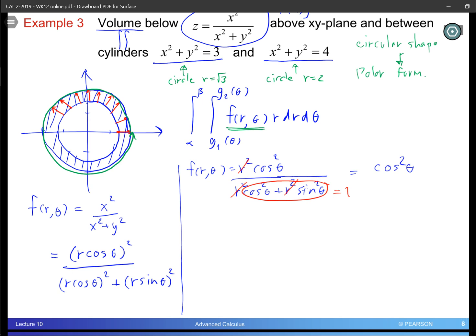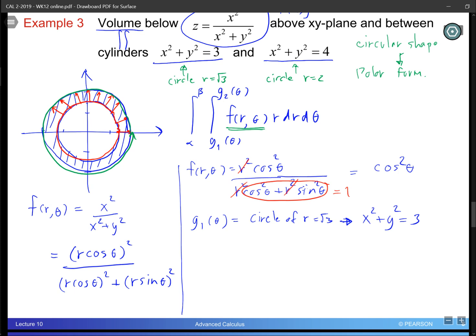Okay, so we are done with the function, and now we need to find out about this inner function g1 of theta, and we know that this inner function is this line. It is the starting of the sweeping of the radius, starting from this circle of r equal to square root of 3, which is related to x squared plus y squared equal to 3.